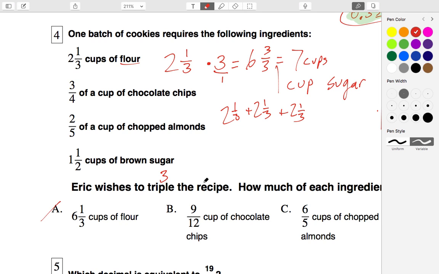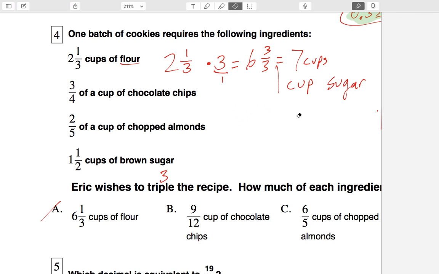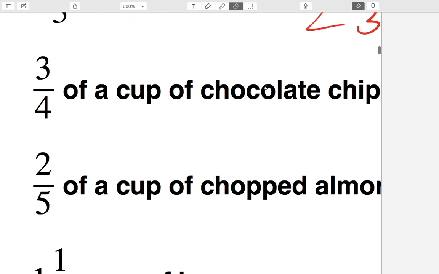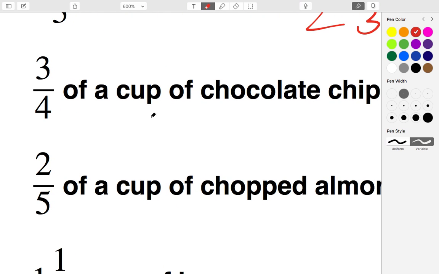So now let's look at the next one. I'm going to erase the first one so I have some room. We know it's going to be by 3. So for this next one, we have 3 over 4, multiply by 3, but make it over 1. If you multiply across, you get 9 over 4.